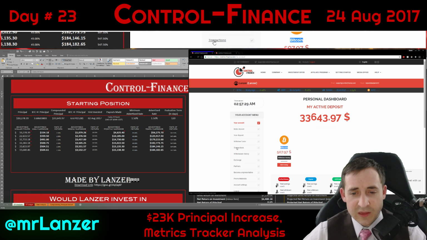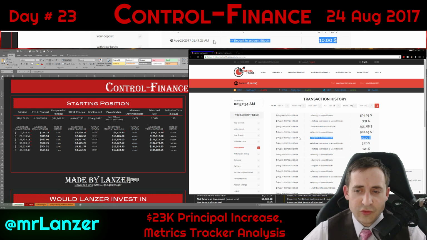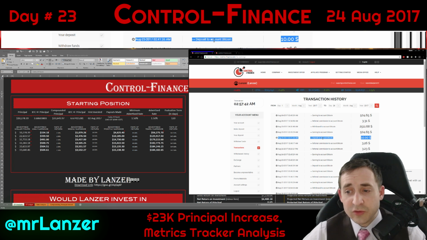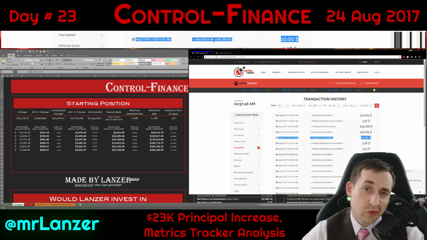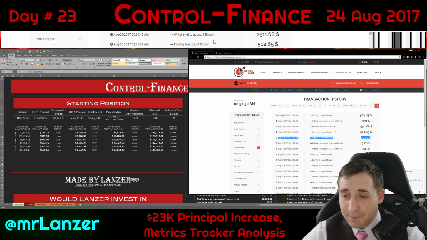But in the ledger, the transaction ledger, this deposit to account Bitcoin actually means you're depositing to your active deposit. It's a bit confusing. It may take you a little bit to understand what the labels say, but the math still checks out for the most part. And we'll get into why I say for the most part here in a little bit.